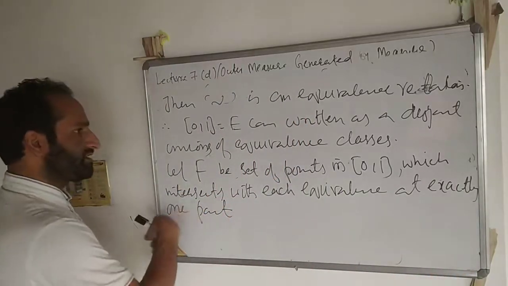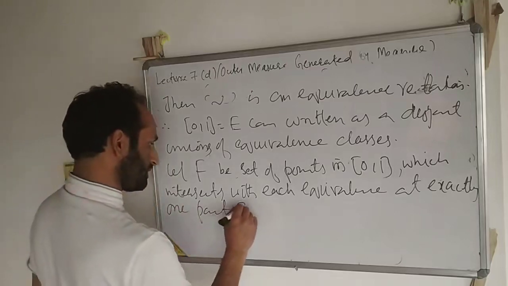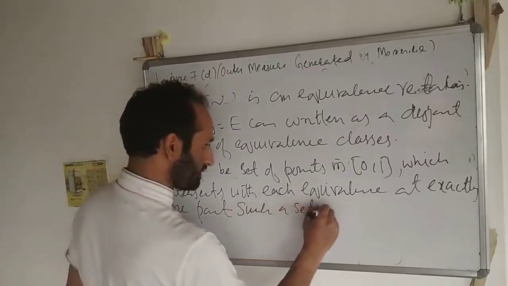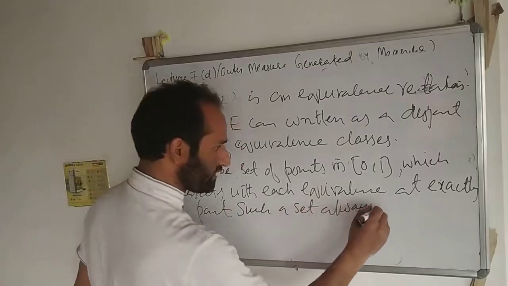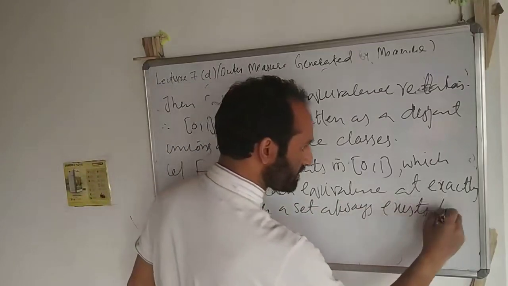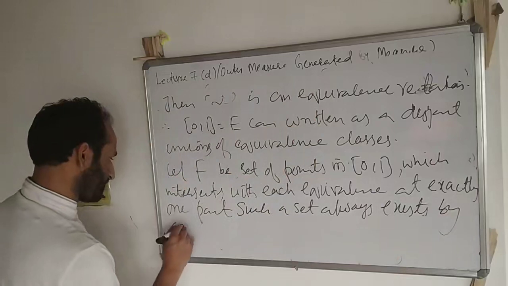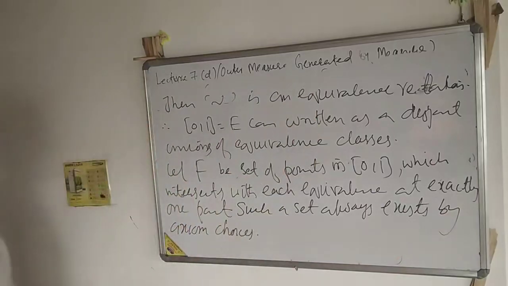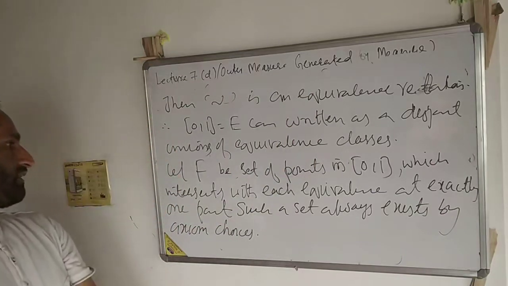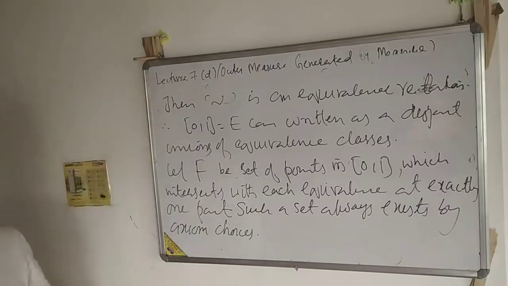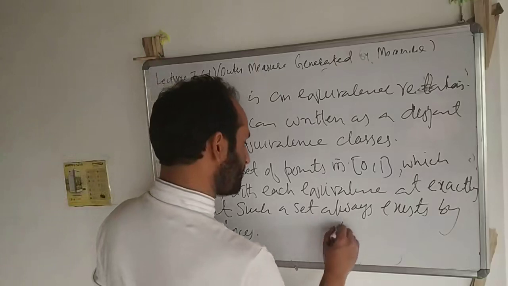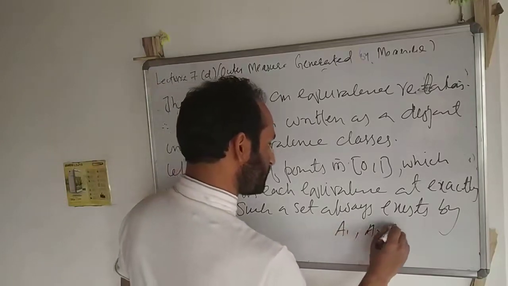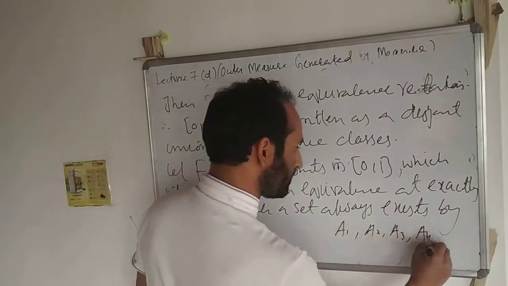Such a set always exists by the axiom of choice. The axiom of choice states that if we have a given class of sets, then we can construct a set which contains exactly one point from each member. Suppose we have 5 sets, A1, A2, A3, A4, A5.